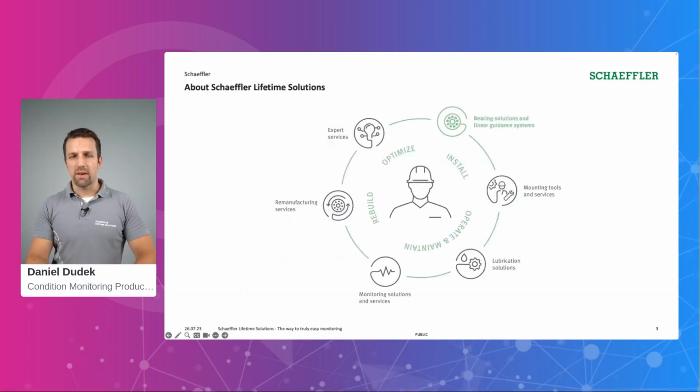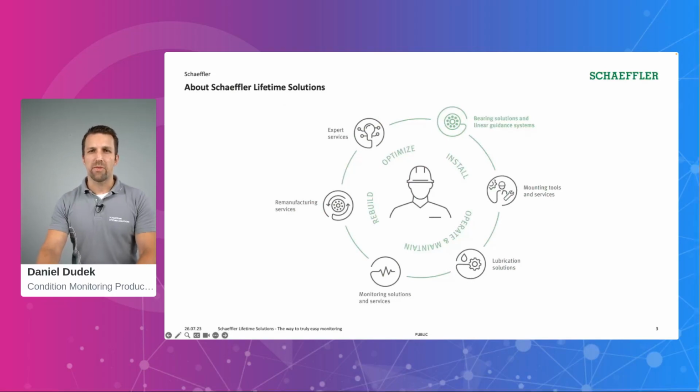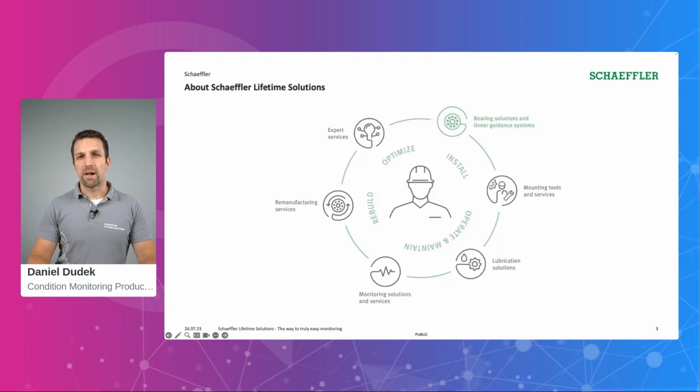You may know Schaeffler as one of the largest bearing manufacturers in the world, providing bearing solutions and linear guidance systems for the industry, and also a multitude of different products for the automotive sector. Our customers come from a range of industries such as wind, mining, steel production, cement, food and beverage, and so on. Basically everything where you have some movement, where something is rotating.